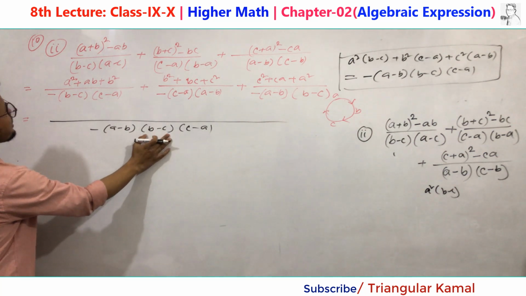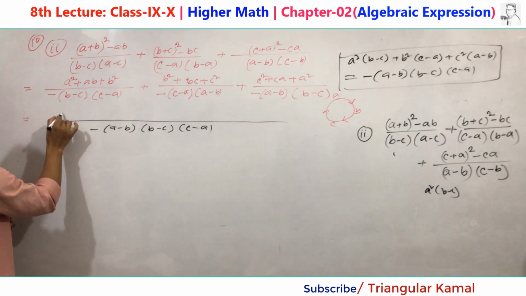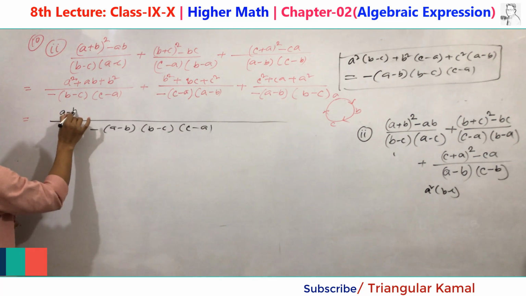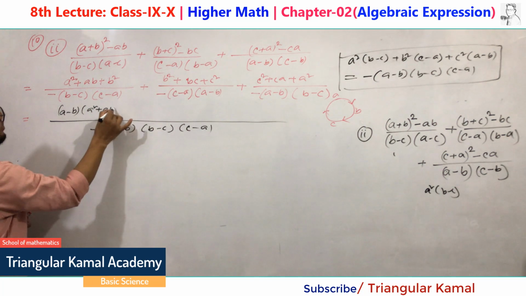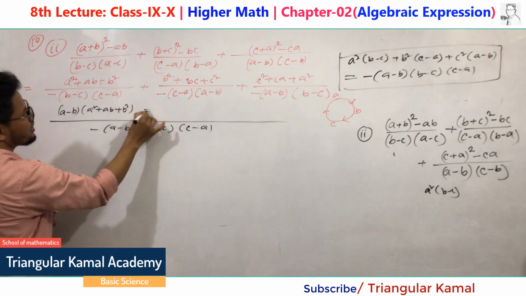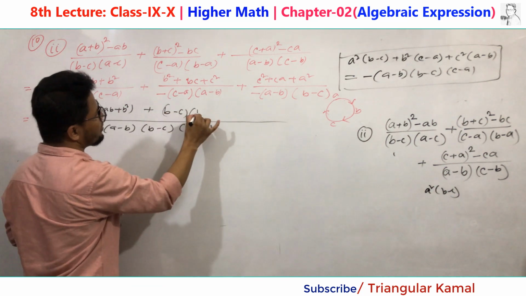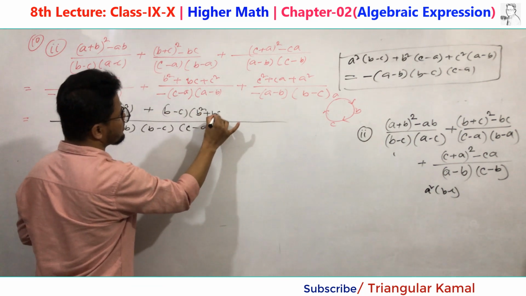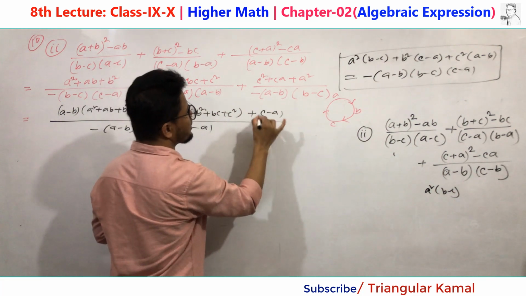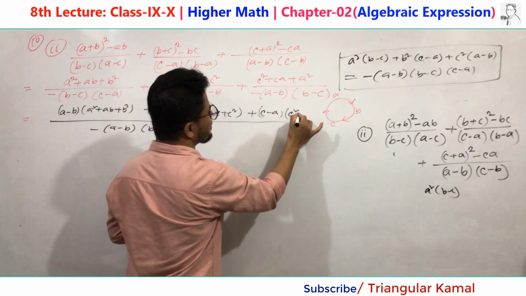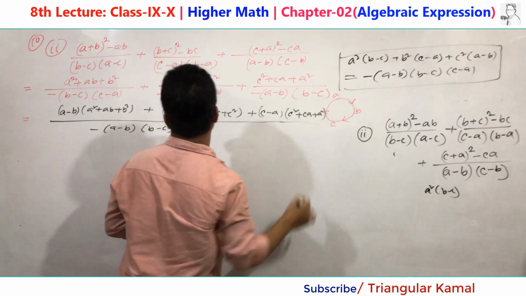So the only remaining part is a minus b, and now we multiply with the numerator part: (a minus b) multiplied by (a square plus ab plus b square). Similarly, this one will be (b minus c) multiplied by (b square plus bc plus c square), and this one will be (c minus a) multiplied by (c square plus ca plus a square).